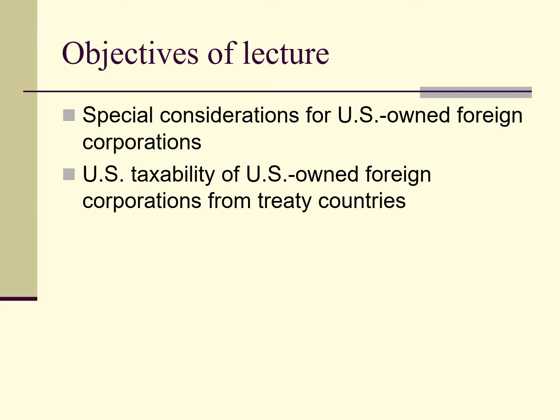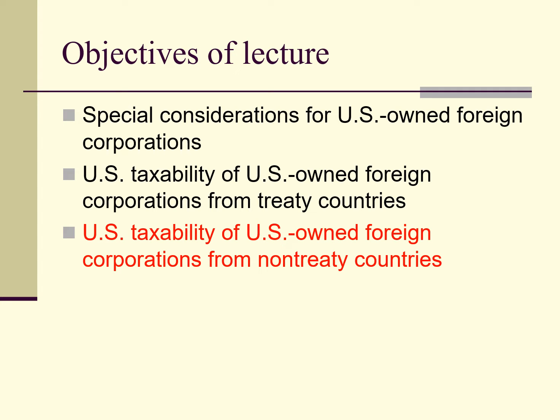We want to also understand the general rules for the U.S. taxation of U.S.-owned foreign corporations organized in treaty countries. And we want to understand the general rules for U.S. taxation of U.S.-owned foreign corporations organized in non-treaty countries.